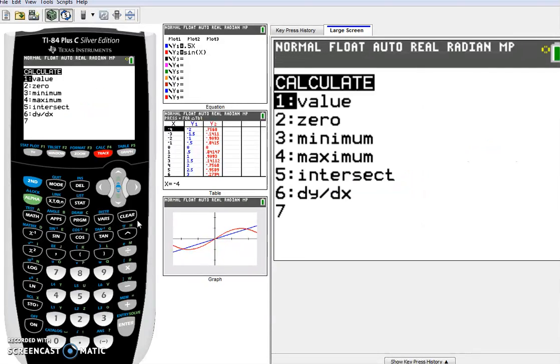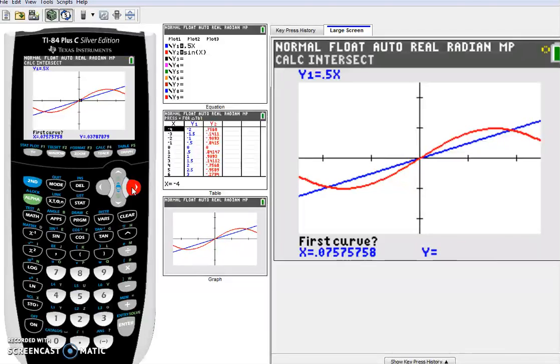Second, trace, 5, and get pretty close to it, hit enter again, guess it, you're going to hit enter about 3 times. And you see that this one is positive 1.8954943. We're going to use that to set up the integral.